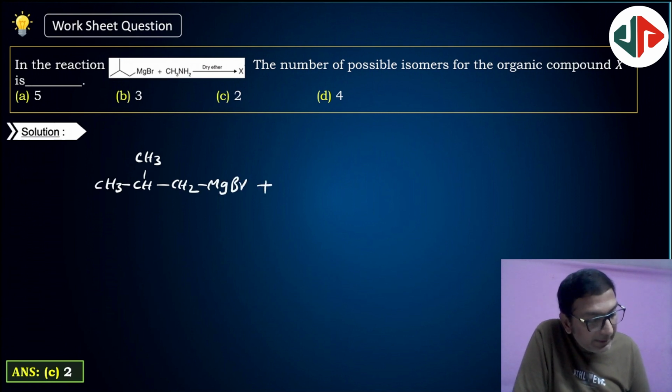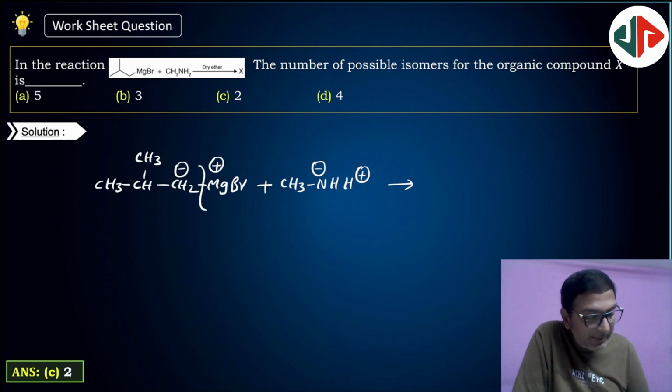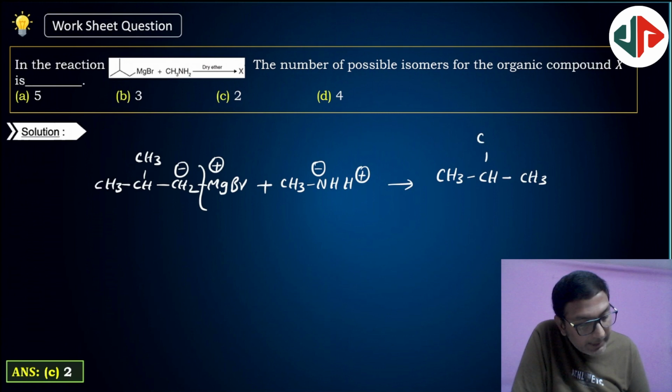That reacts with CH3, NH2, which can be written with minus and plus, an active hydrogen compound. So here also this is plus and this one minus. Opposite charges will be attached. So here it gives CH3, CH, CH3 and CH3. So this is isobutane.